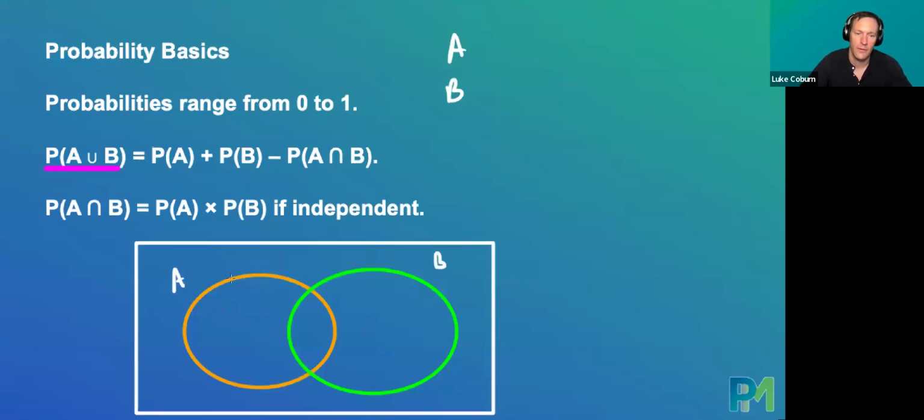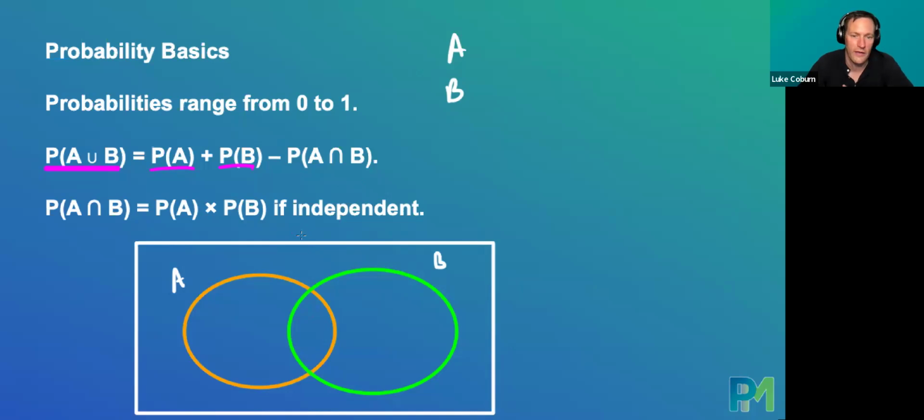Well, that's going to be the probability of A plus the probability of B. But what you see is that we've counted the piece of the intersection when we included A, and we also included it when we included B. So we've included it twice, and we have to subtract one of them. So the probability of A union B is the probability of A plus the probability of B minus the probability of the intersection.